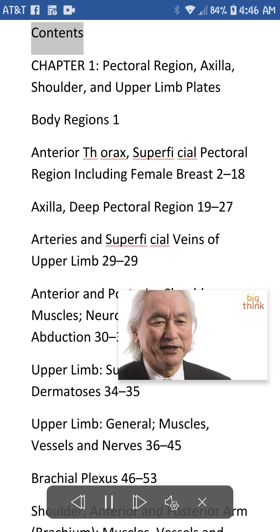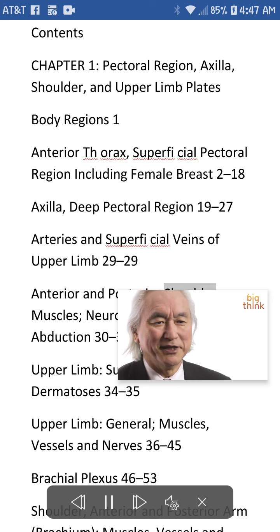Contents. Chapter 1, Pectoral Region, Axilla, Shoulder, and Upper Limb Plates. Body Regions 1. Anterior thorax, superficial pectoral region including female breast 2 to 18. Axilla, deep pectoral region 19 to 27. Arteries and superficial veins of upper limb 29 to 29.